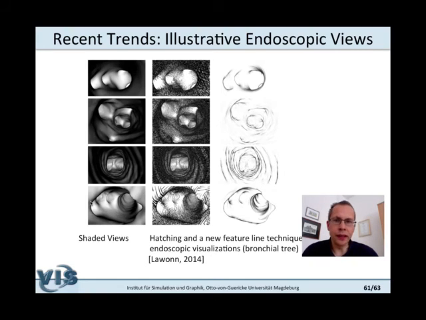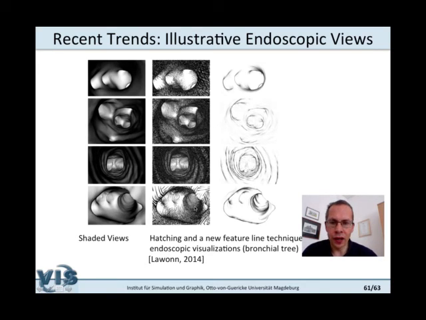I said that illustrative visualization could also be used in order to visualize endoscopic views. So here you see traditional shaded views, just screenshots from virtual endoscopy. I think it's bronchoscopy. We have these branching structures here, which you would not expect in colonoscopy.